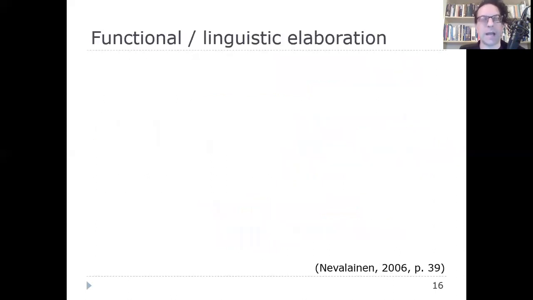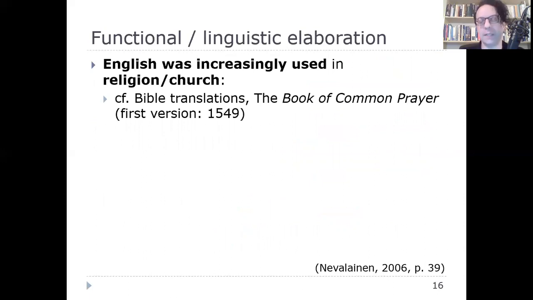Okay, highlighting one thing from the last slide, functional elaboration, linguistic elaboration. Well, English was used increasingly, for example, in the church now, more than it ever had been earlier. There were many new Bible translations, more than there had been in the Middle Ages, really.